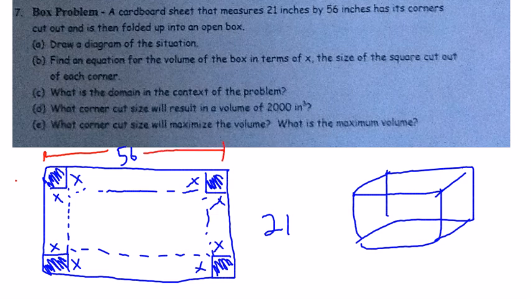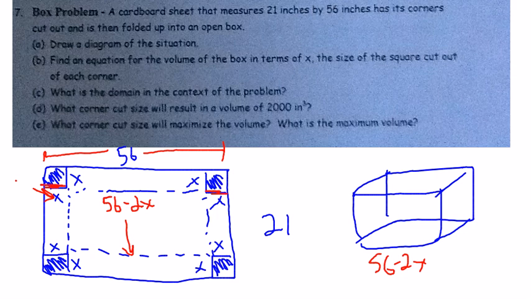So when I cut this corner out, I take this x, so that length, away from the 56, and this length away from the 56. So this in here is going to be 56 minus 2x. If I were to label that on my 3D version, it would be this guy down here, because that would be the same for this guy.